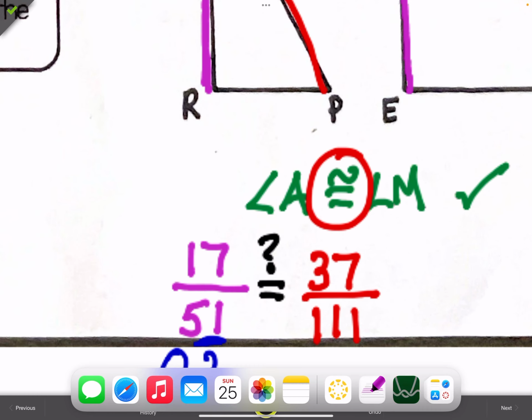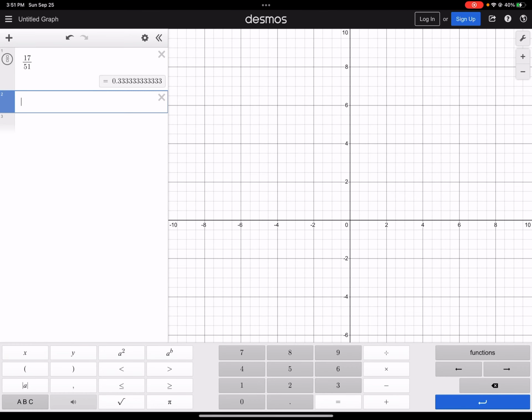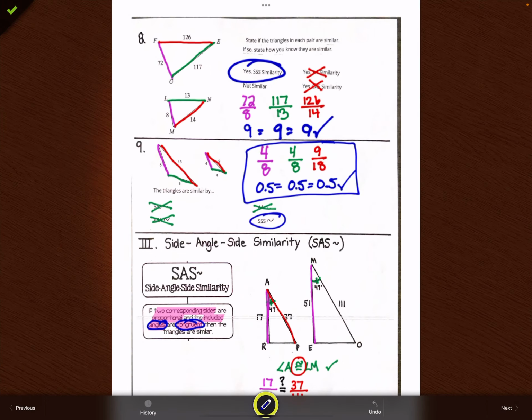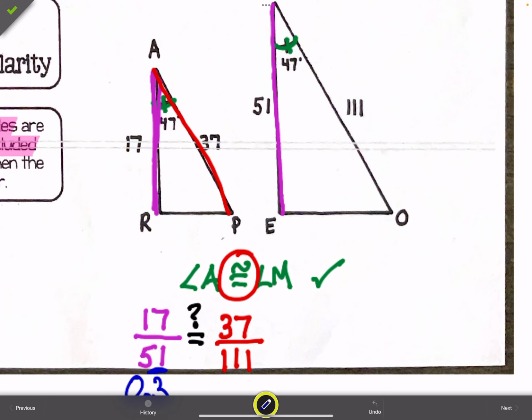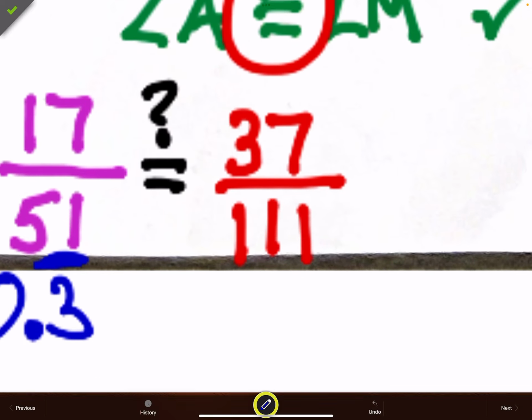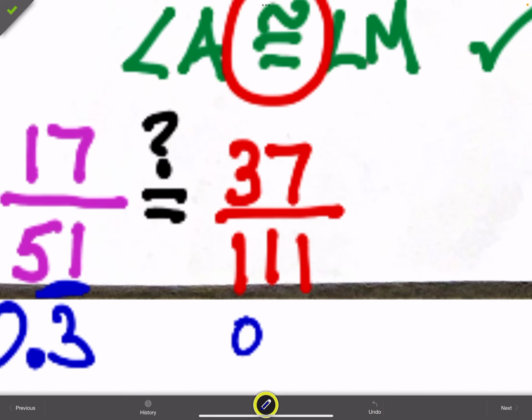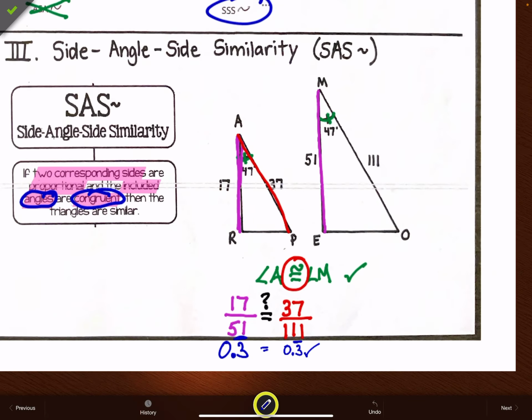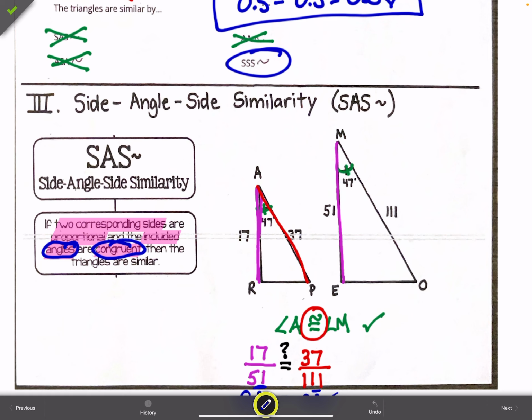So again, I'm going to type it into Desmos, divided by 111. And hooray, it is. Now, when we say they have to be the same, they have to be exactly the same. If we had done that divide and we got 0.36, then it would have been a no. They have to be the exact same decimal. So yes, it works. So yes, your triangles are similar by side angle side.